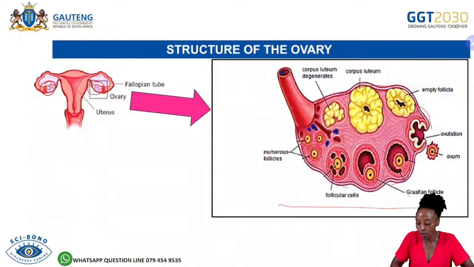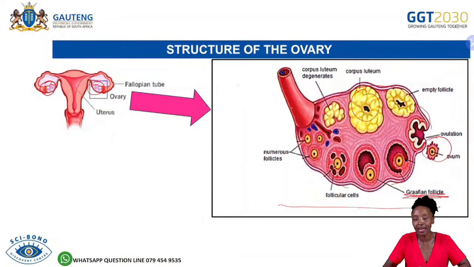So then at the end, we have the fully matured follicle, which is called the Graafian follicle, and inside we have the what? We have the ovum. And then once the ovum is released after menstruation, you will find what is called the what? The corpus luteum. But this is inside, and more on this when we do the menstrual cycle.